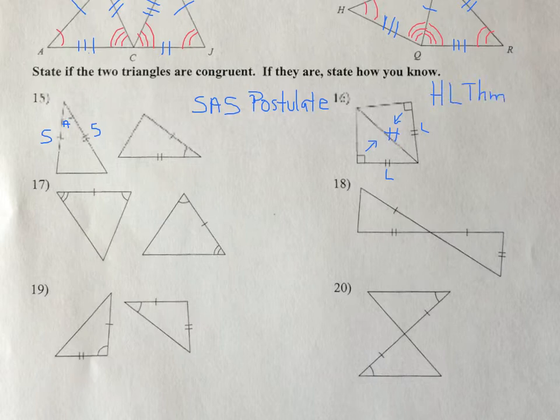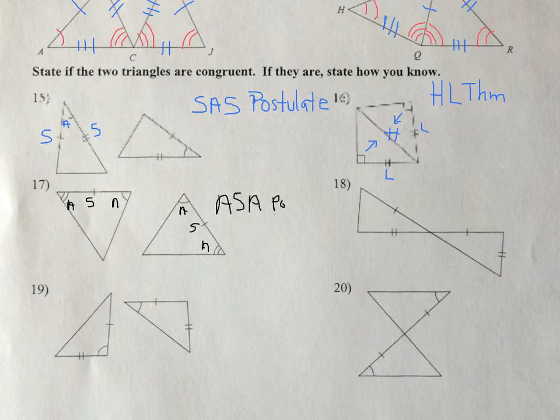Okay. Number 17. For 17 is going to be a side that is touching, getting a hold of those two angles, a side getting a hold of the two angles, that is an included side. Therefore, this would be marked as angle, side, angle. So the postulate is angle, side, angle.